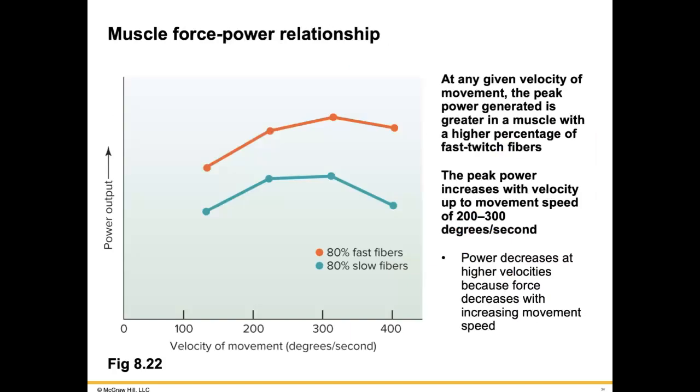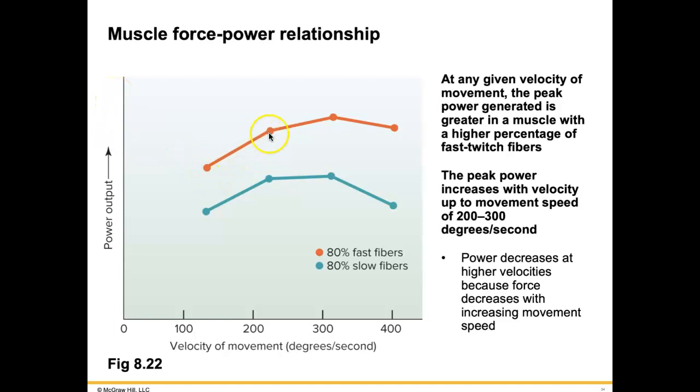And lastly, let's discuss the muscle force power relationship. When we look at this figure here, we can draw two main conclusions, and that is that at any given velocity, well, actually first let's orient ourselves to this graph. We see here on the x-axis our velocity of movement as it's increasing, and here we see increasing power output.